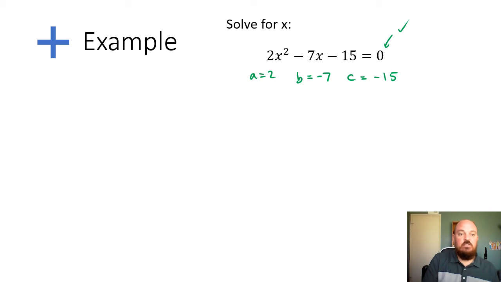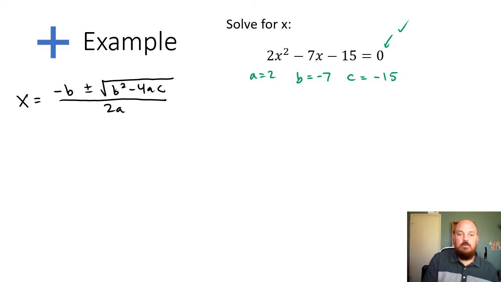And I'm going to plug those numbers into the quadratic formula. Let me start just like I did the last one by just copying it down. So we have x equals the opposite of b, plus or minus square root of b squared minus 4ac, and it's all over 2a. And let's start putting numbers in. So we have the opposite of b. B was negative 7, so I'm going to start with a positive 7. Then we have our plus or minus, and then we have our big square root.